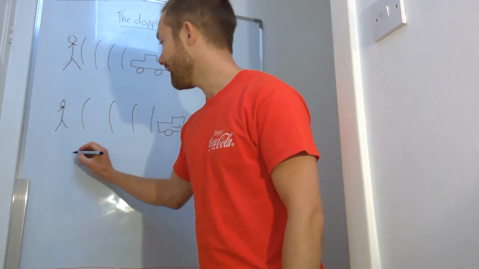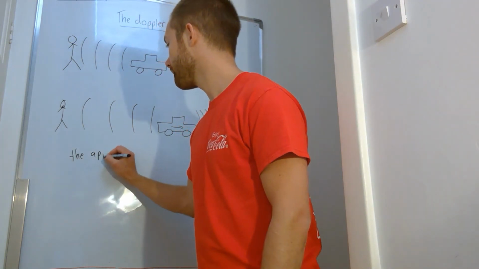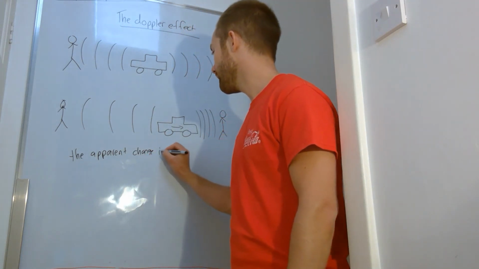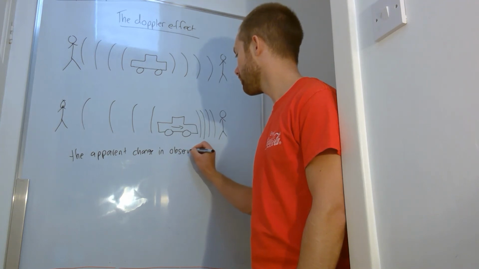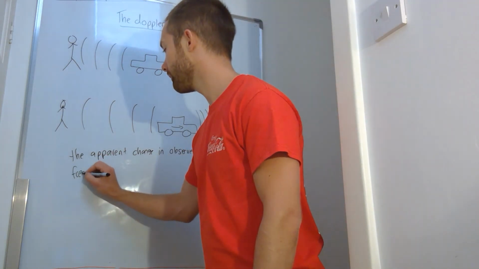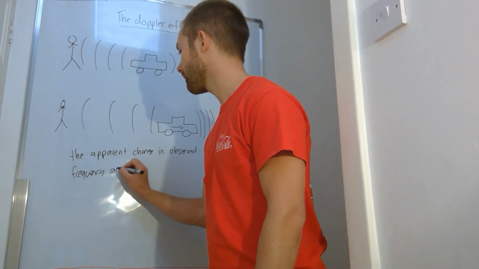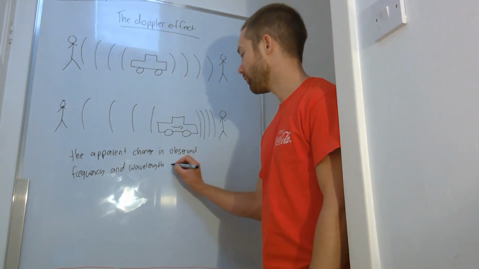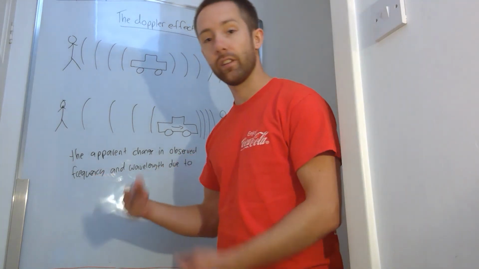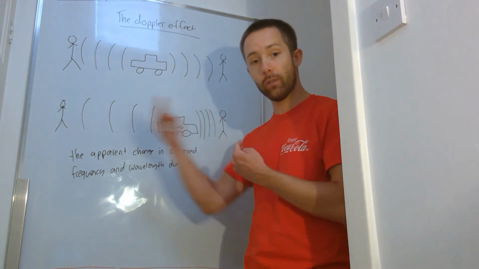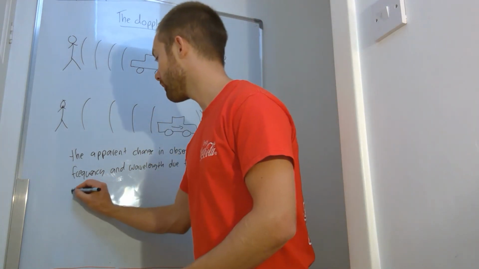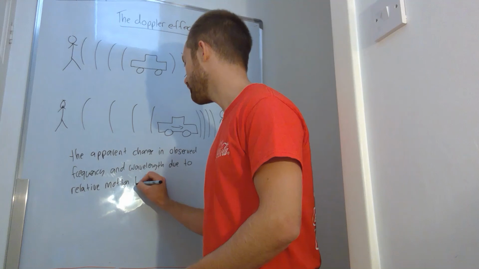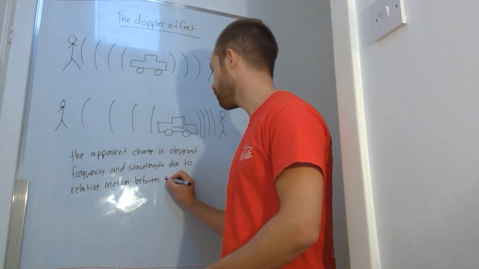So the Doppler effect is the apparent change in the observed frequency and wavelength due to relative motion, okay, so the fact that this car is moving relative to this person, due to relative motion between the source and the observer.